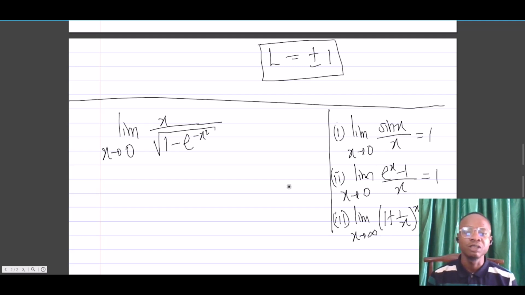Out of all of this, the only thing this function is similar to is e to the power x minus 1 over x. So can we get something like that from this expression? So that we'll be able to simplify this and see how it goes from there.